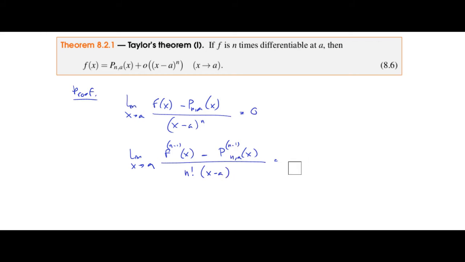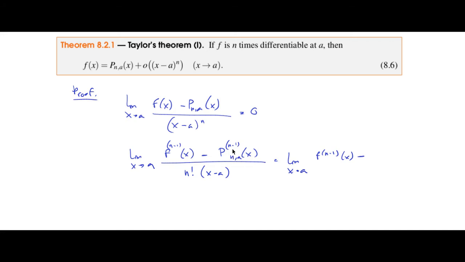And now what is this, right? So we have the limit when x goes to a, and then we have the n minus 1 derivative of f, and if you differentiate the polynomial n minus 1 times, every term except the last two in the polynomial will vanish, right?